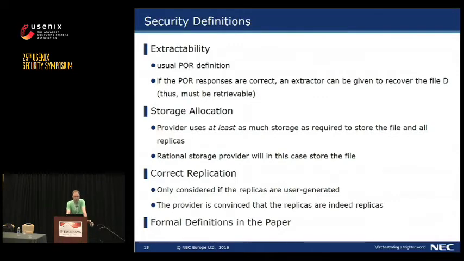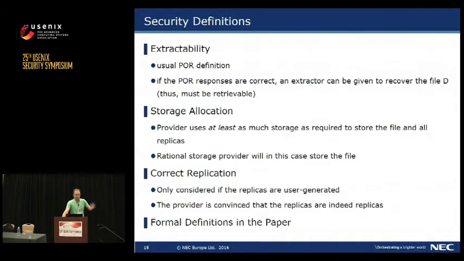The security definitions, again, as it's a proof of retrievability, we want data extractability, so we want to know the data is still there. And the second notion we created and defined is storage allocation, which guarantees that the provider really needs as much space as would be needed for the file and all the replicas.